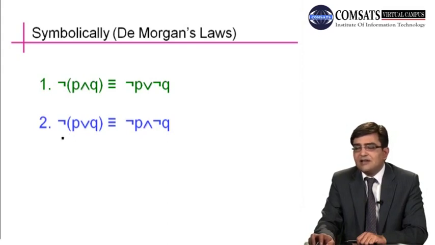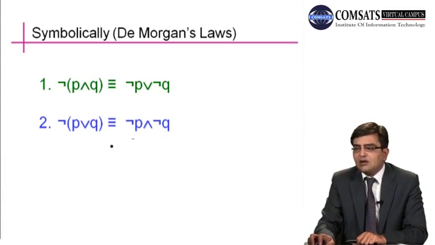If we take the negation of the disjunction of two propositions P and Q, then this will be logically equivalent to the negation of P and the negation of Q.